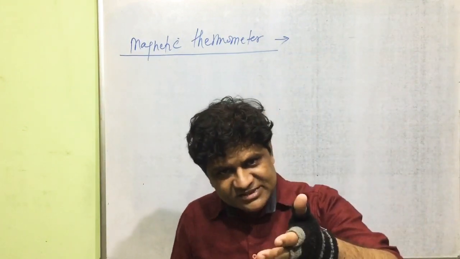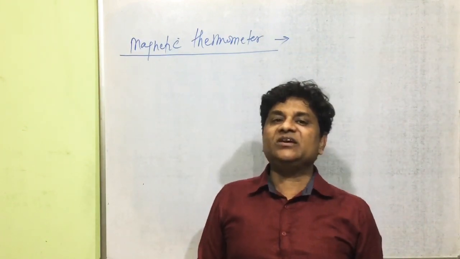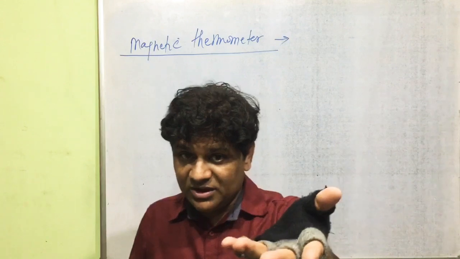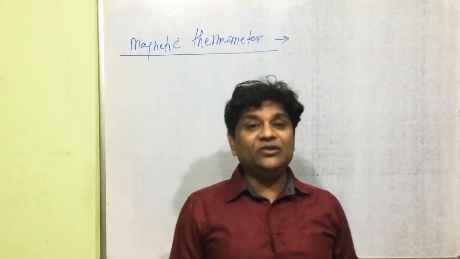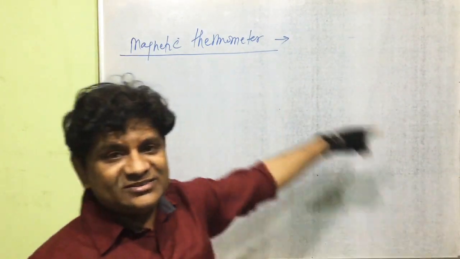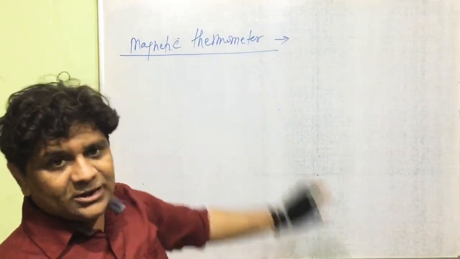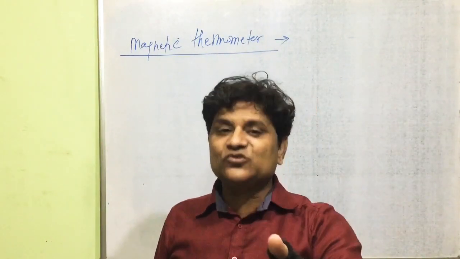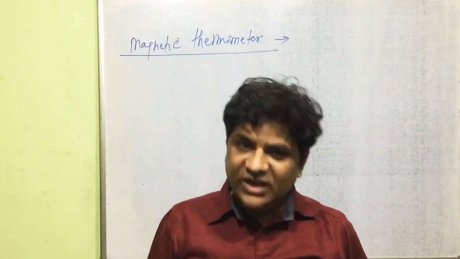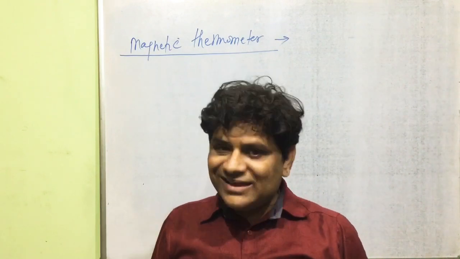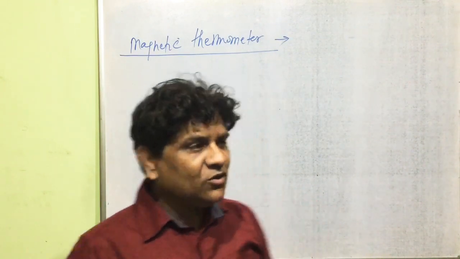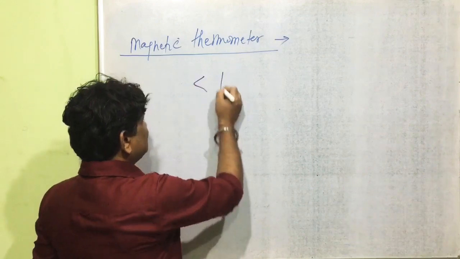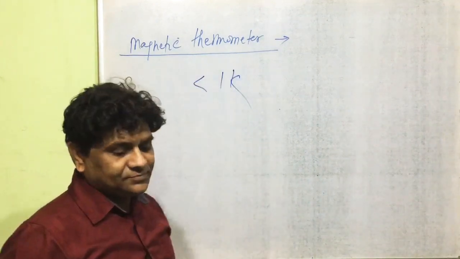So if it is not mentioned in the four options, then which thermometer is also used to measure very low temperature? No doubt, it is the magnetic thermometer. The magnetic thermometer is also used to measure very low temperature, less than 1 Kelvin.